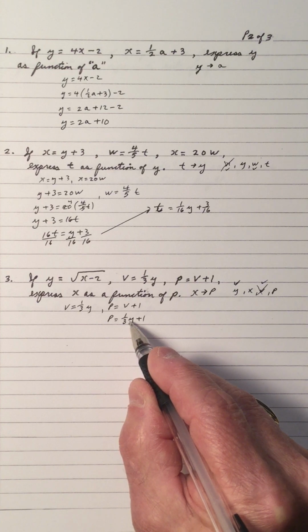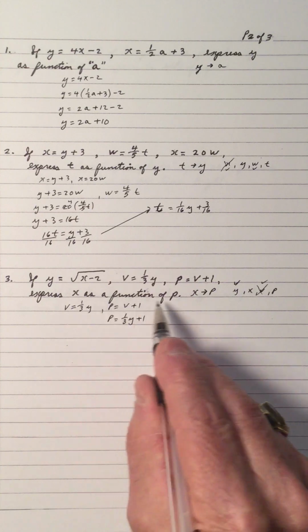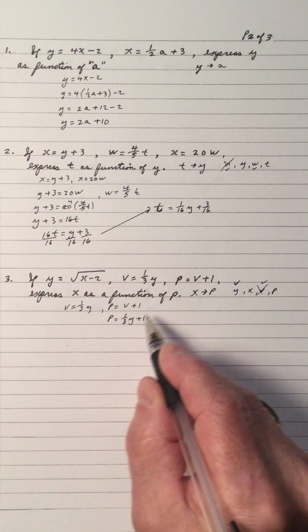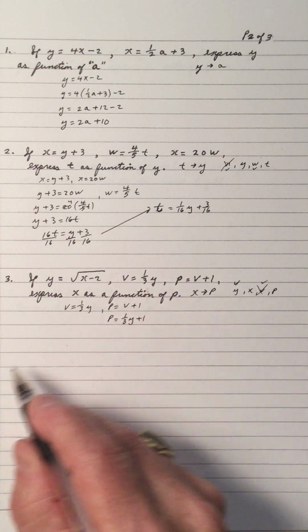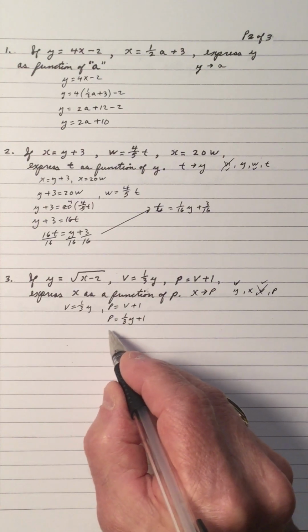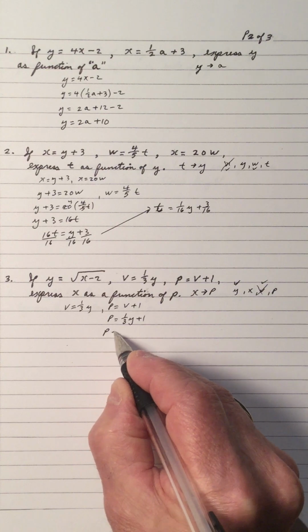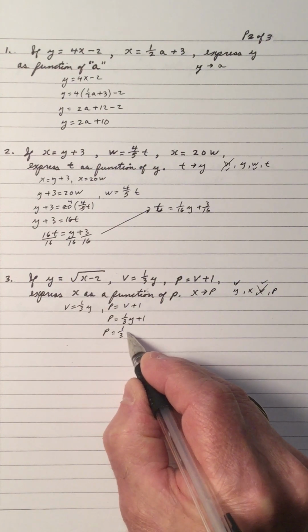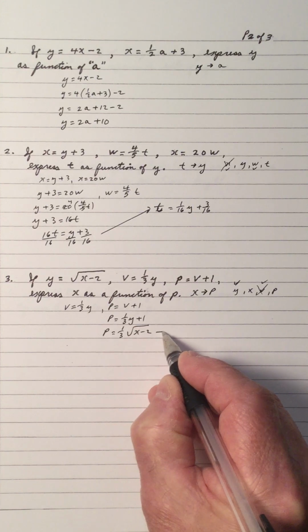So we need p and we need x. So y is equal to the square root of x minus 2, plus 1.